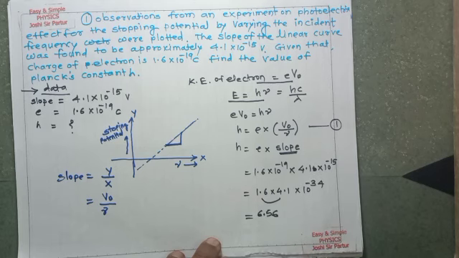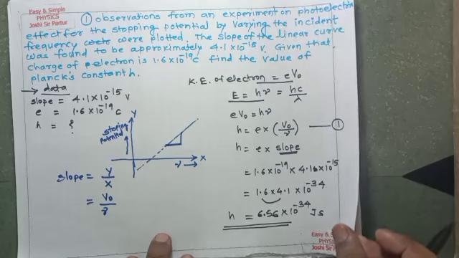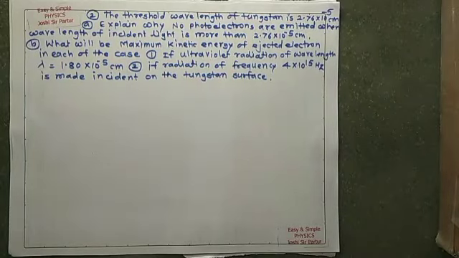So the decimal point is placed after 2 digits, so 6.56 into 10 raised to minus 34 joule second. So we have found Planck's constant from this example.